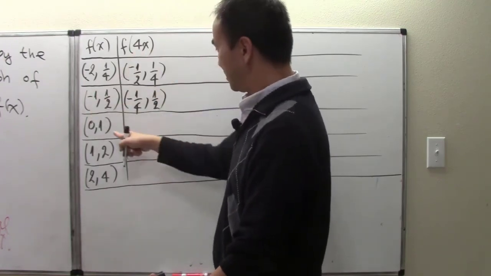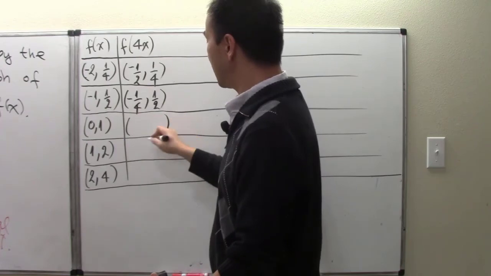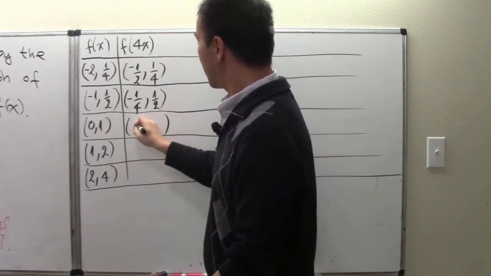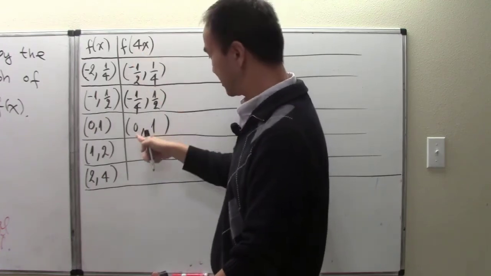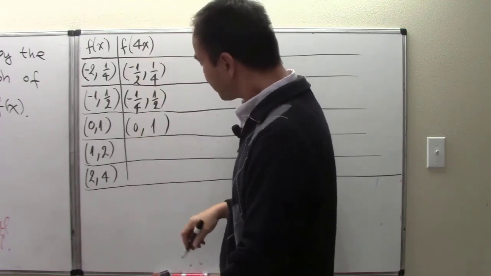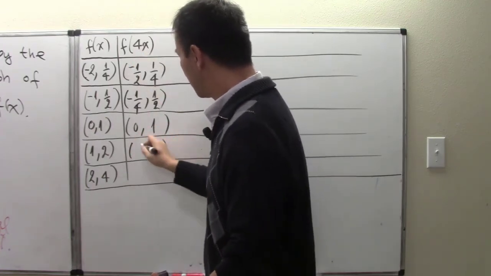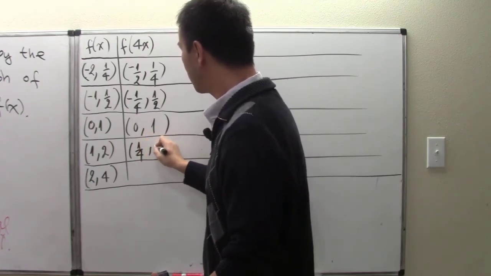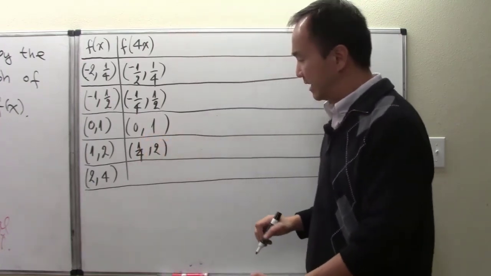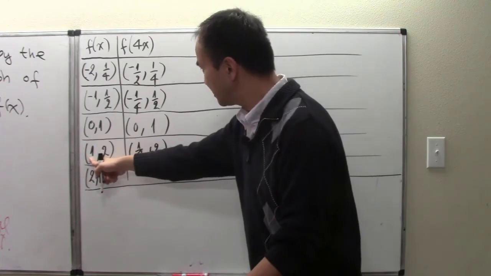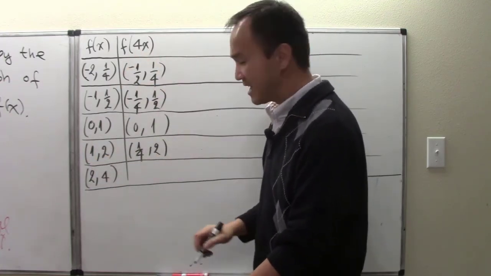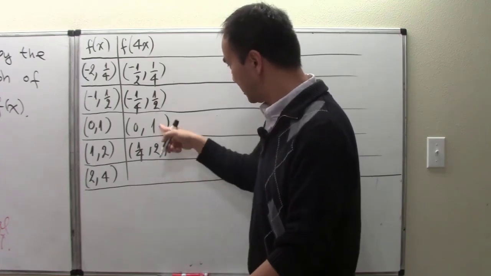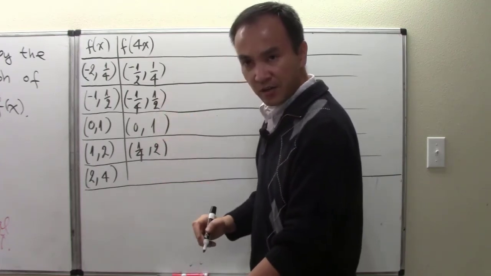Now the next point, we're going to be looking at 0, comma 1 again, simply because 0 multiplied with 1/4 is still going to remain 0. Here I have 1/4, comma 2, and that is because of 1 multiplied with 1/4. Again, nothing was done with any of these y values.